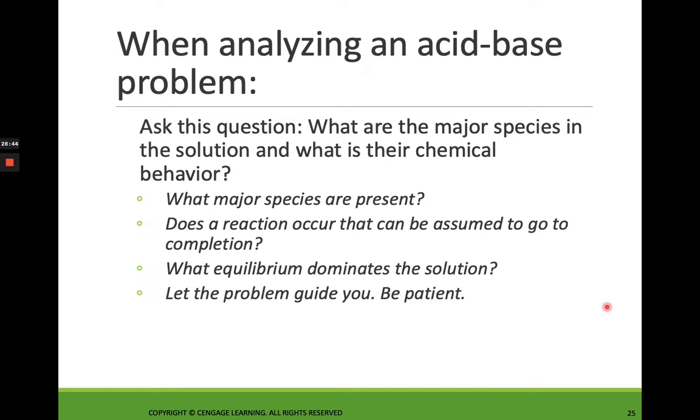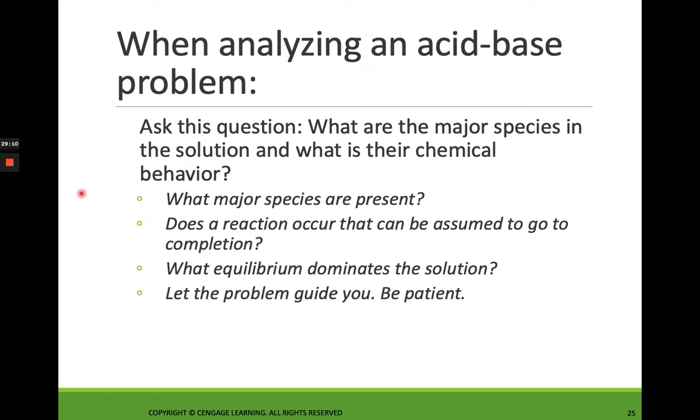But there are also those reversible reactions. Okay, and in your higher chemistry, you will have equilibrium. What equilibrium dominates the solution, and then later on, you will have to analyze the problem. Okay, but that starts from knowing what major species are present.